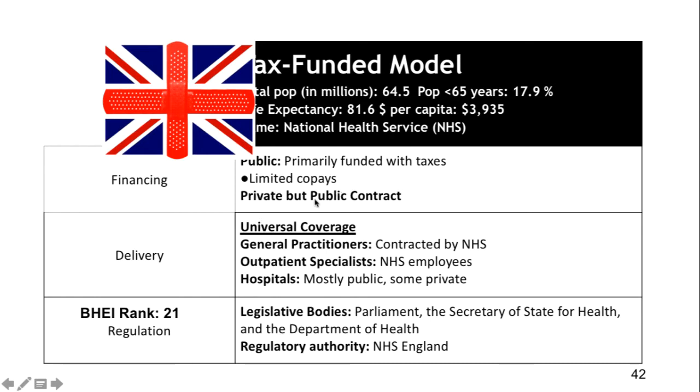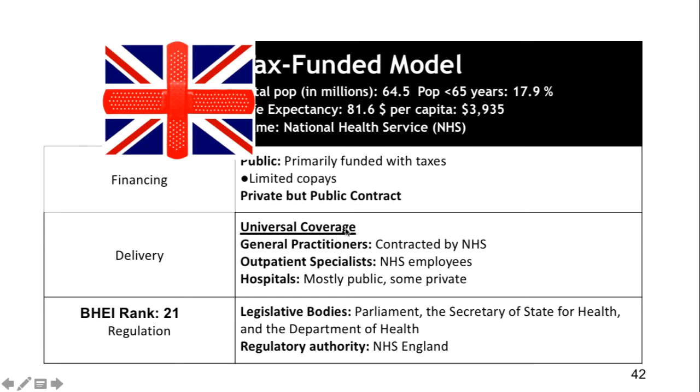The providers are private, but it's a public contract, so they are basically contracted by the public. The delivery is universal coverage, although there is an option of buying out of the system.